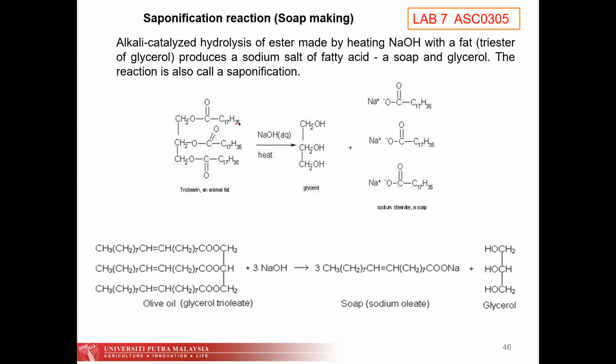To make soap, we will use animal fats, react with sodium hydroxide and heat, which will produce glycerol as a side product.